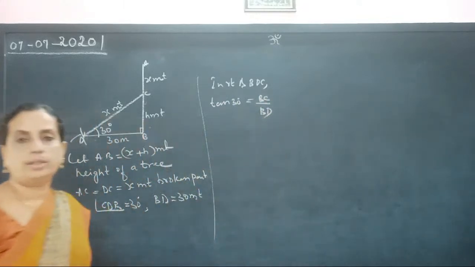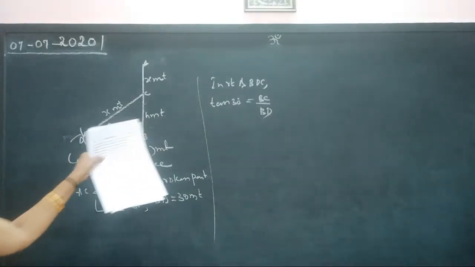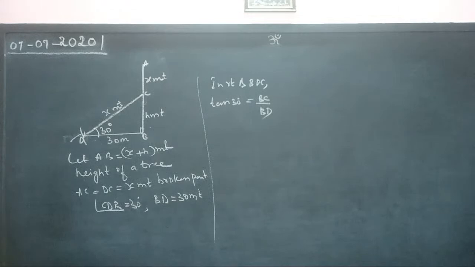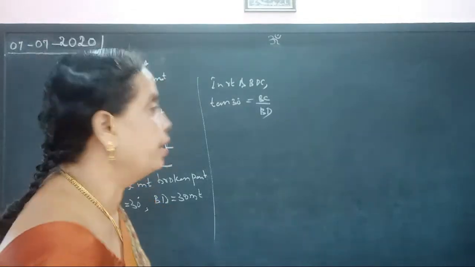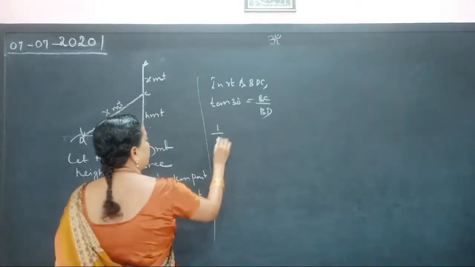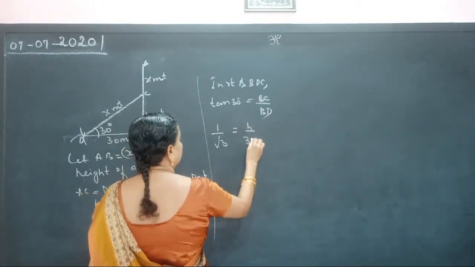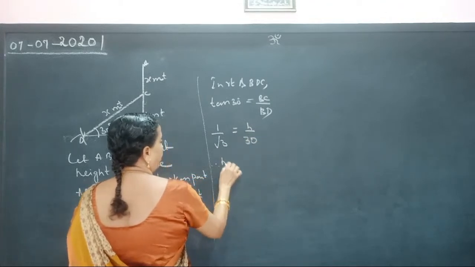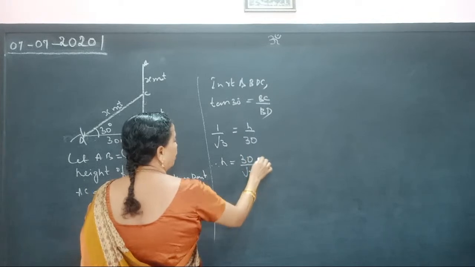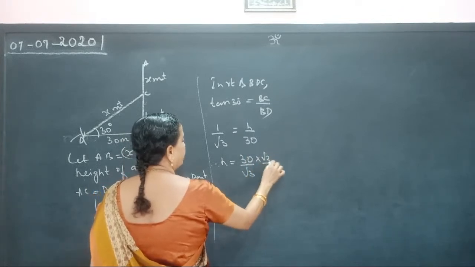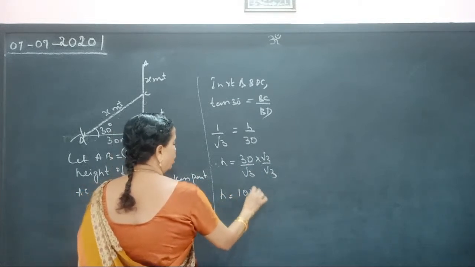As we know, the trigonometric ratio tan 30 equals opposite side by adjacent side. Now, tan 30 value is 1 upon root 3 equals h by 30. Therefore, h equals 30 by root 3. Rationalizing it, you will get h equals 10 root 3.